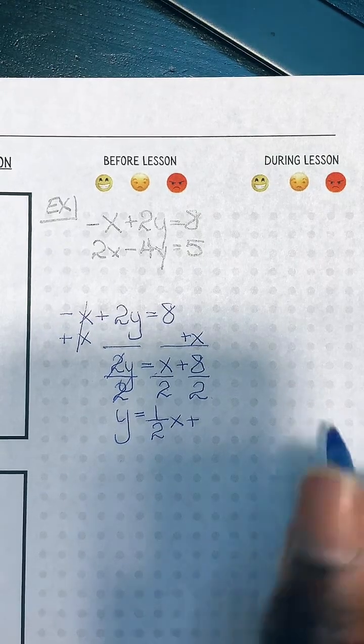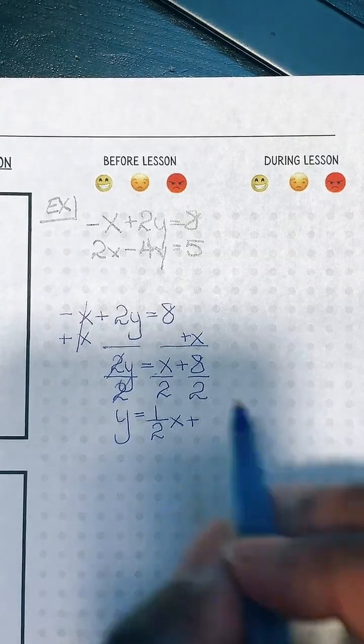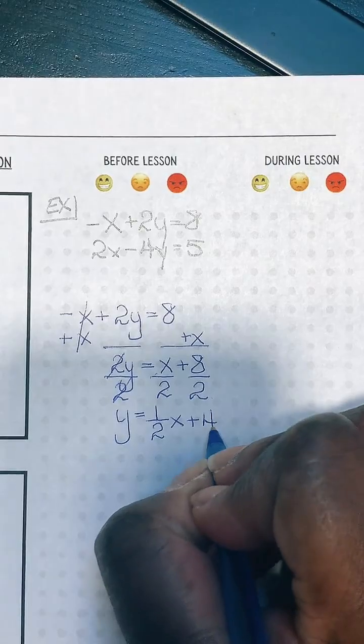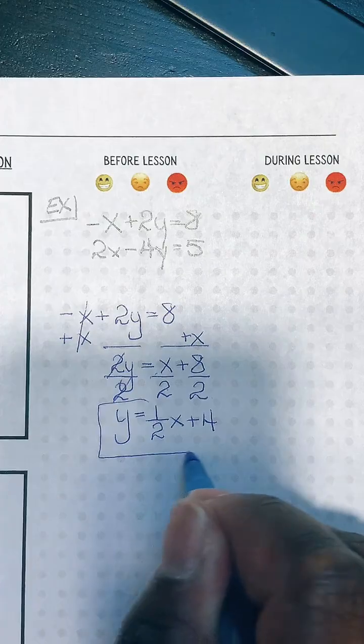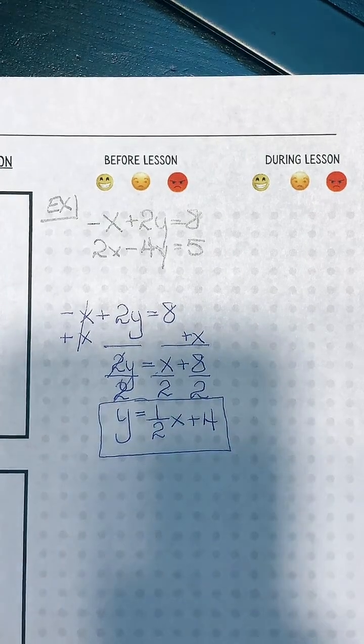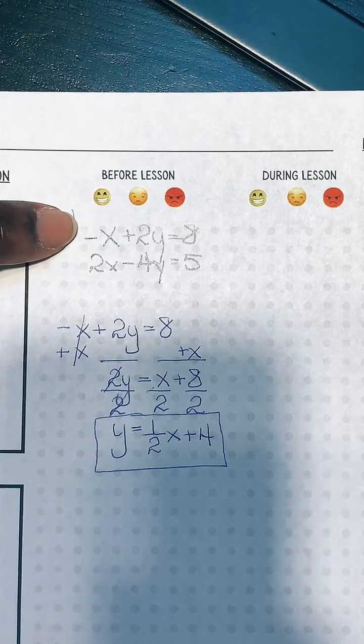Okay, there we go. It is a 4. Good job. All right, so this is the equation for that first problem. Okay, how are we feeling?